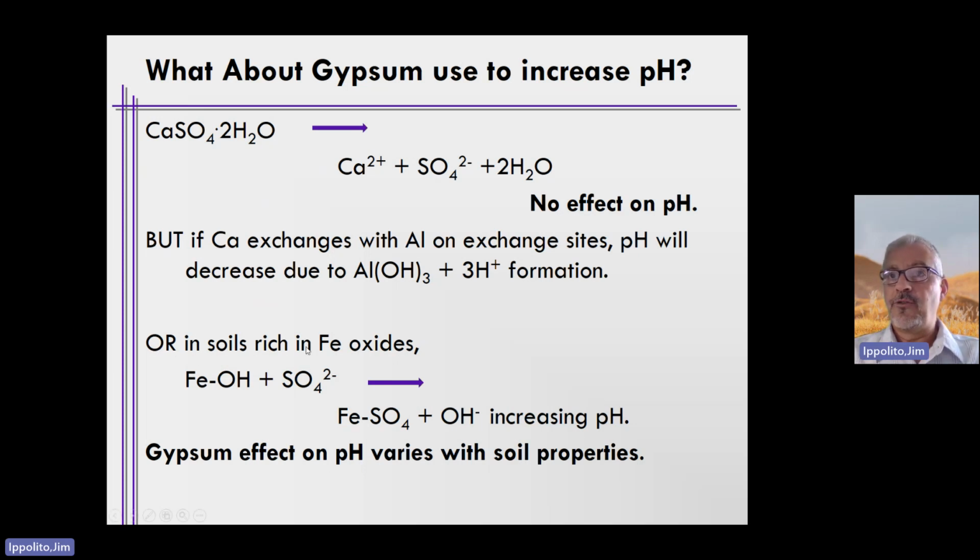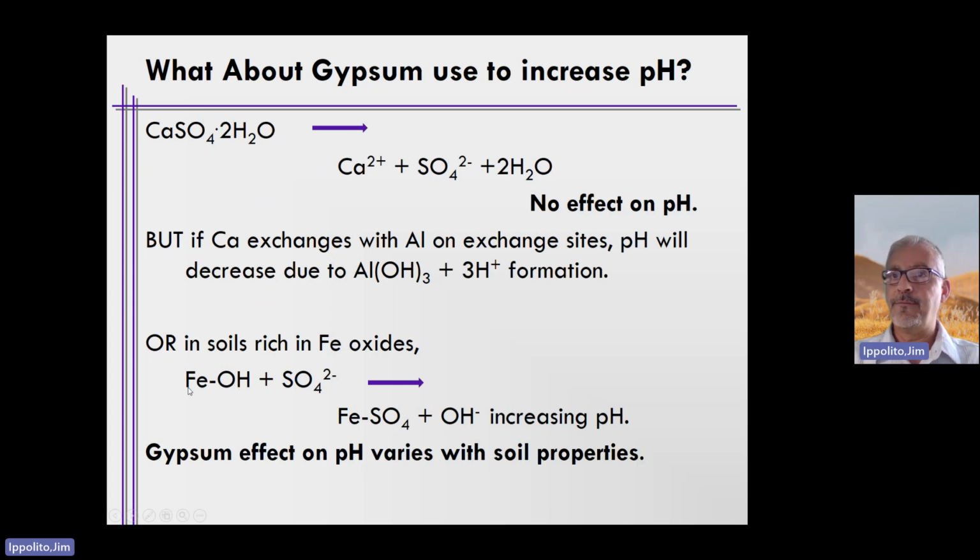In soils that are rich in iron oxides, these are highly weathered soils, what happens? In these systems, the sulfate can actually react with iron hydroxide. These are highly weathered soils that you would find in tropical locations or in Florida. And you might form iron sulfate as a mineral.